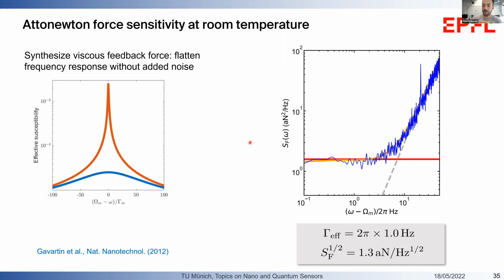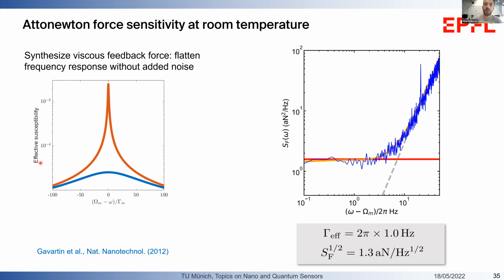Then the effective line width is increased from millihertz or sub-millihertz levels to, for this measurement, around 1 hertz, which makes the experiment much more tolerant towards these frequency drifts and frequency noise that always occur in nanomechanical devices.